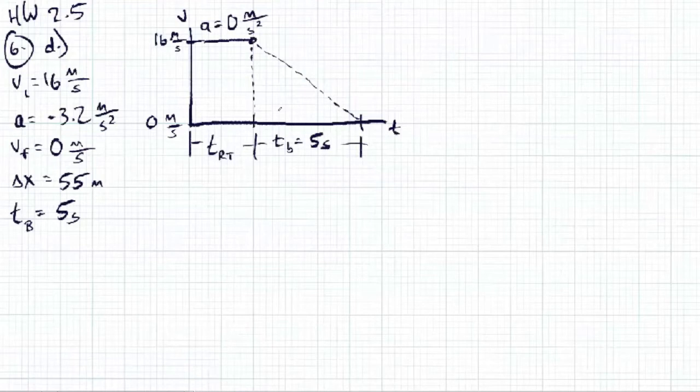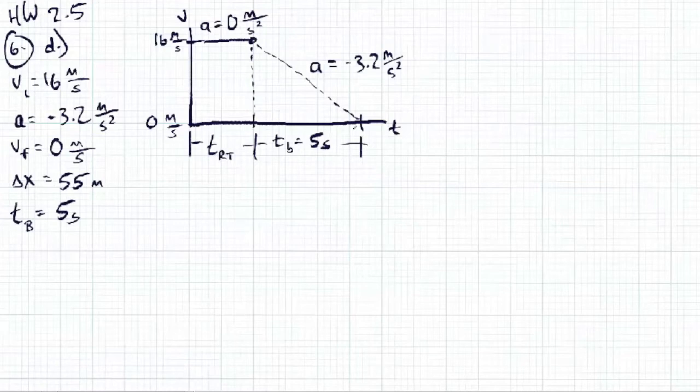It's us processing what's going on. So part of that 55 meters is going to be spent not decelerating at all, and the other part is going to be decelerating at negative 3.2 meters per second squared, just enough to stop without hitting the car in front of us. So we do not have a constant deceleration rate.